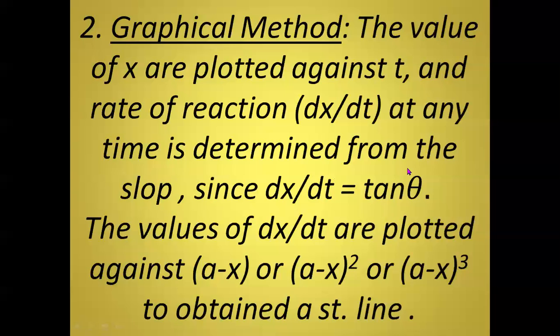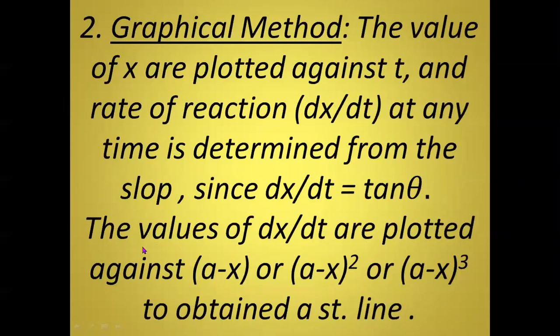It means the ratio between the difference in y coordinate to the difference in x coordinate, or y2 minus y1 by x2 minus x1 will give you the slope. Either we can calculate like that or by taking tan theta, where theta is the angle of the line with the x-axis.